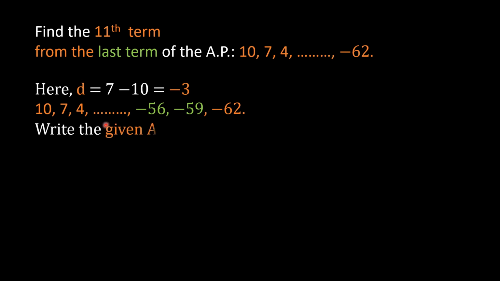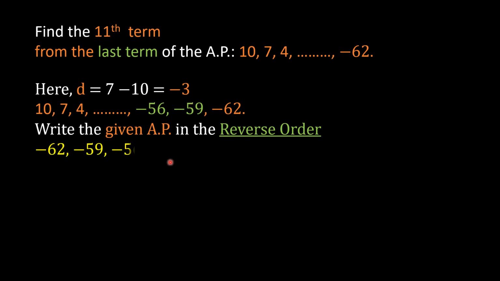Now we have to write this AP in the reverse order, because we have to find the 11th term from the last term. So starting from −62, our AP will be −62, −59, −56, −53, so on and so forth, 4, then 7, and finally 10.